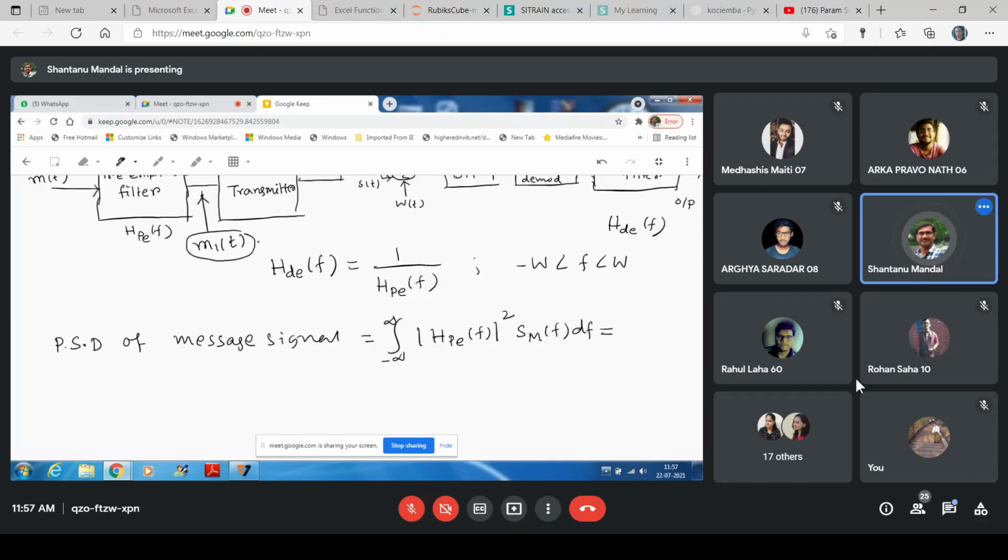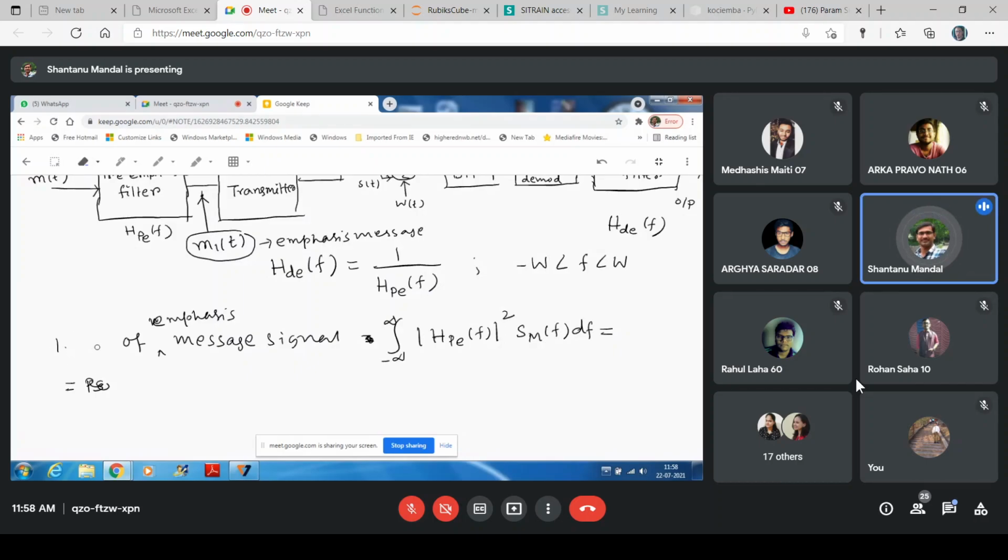Okay, so this is actually the pre-emphasized message signal. So the PSD of the pre-emphasized message signal is the same as the PSD of the original.